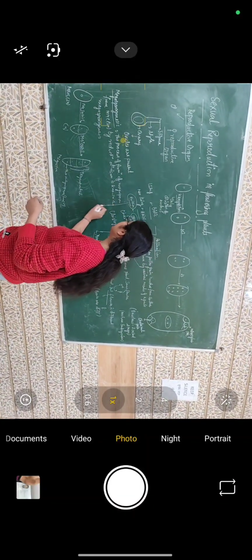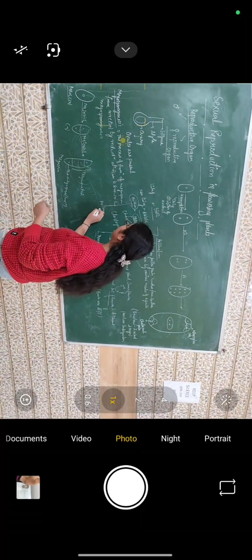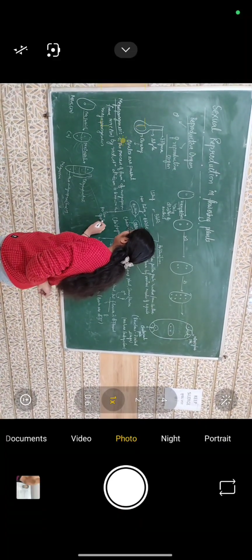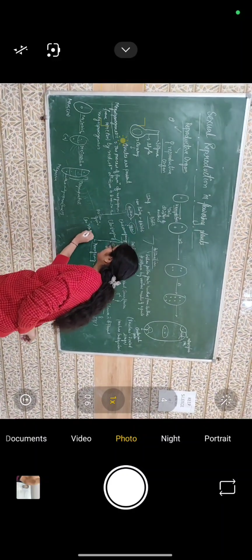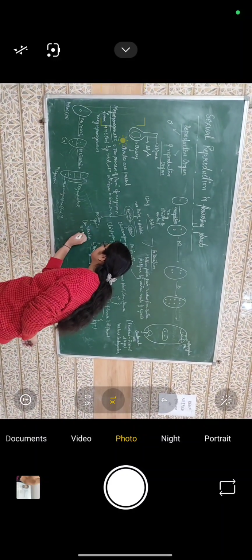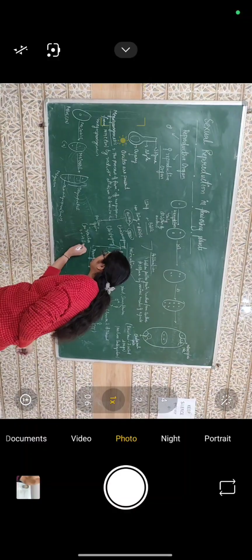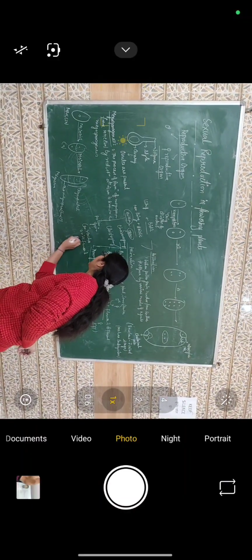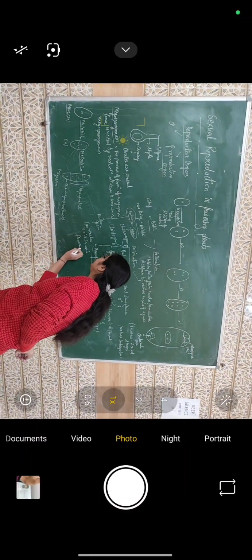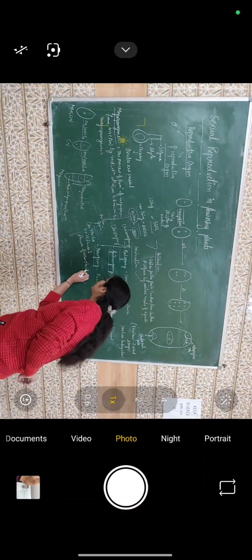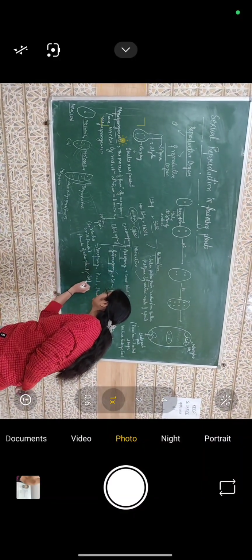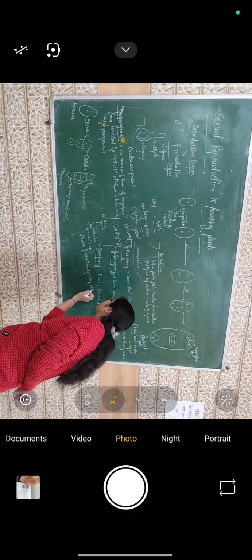Its pollen grain can reach its own flower and the flower of another plant. So basically it can show both self-pollination and cross-pollination.